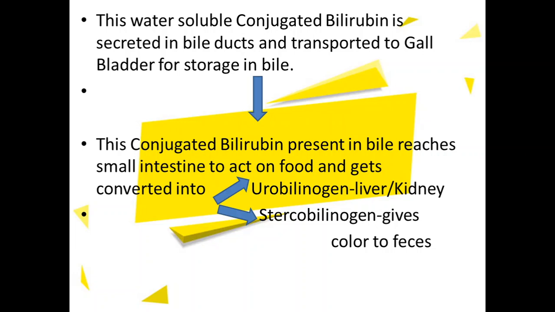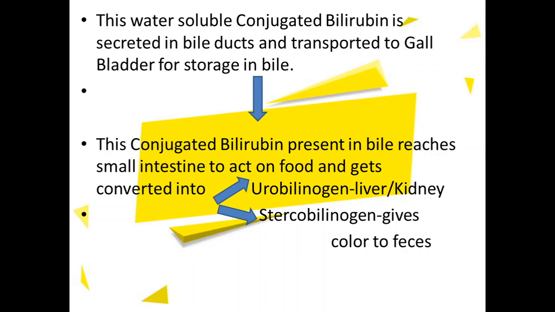Now when we have our meals, this bile will act on that food in small intestine. So when this bile is acting on the food, our bile now has conjugated bilirubin, right?